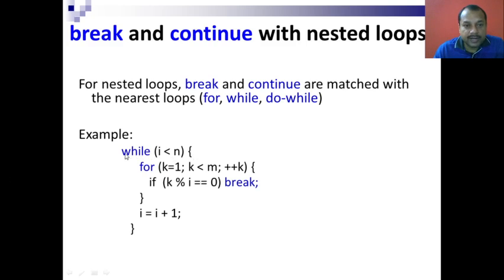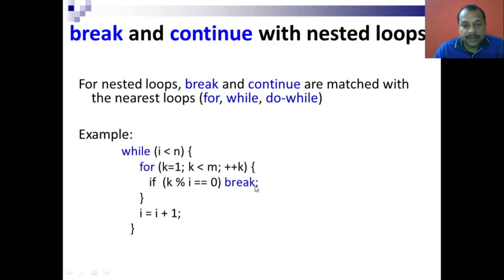I have one while loop that spans from here to here. Then I have one for loop that spans from here to here, and there is one statement after the for loop, and inside the for loop there is one statement.